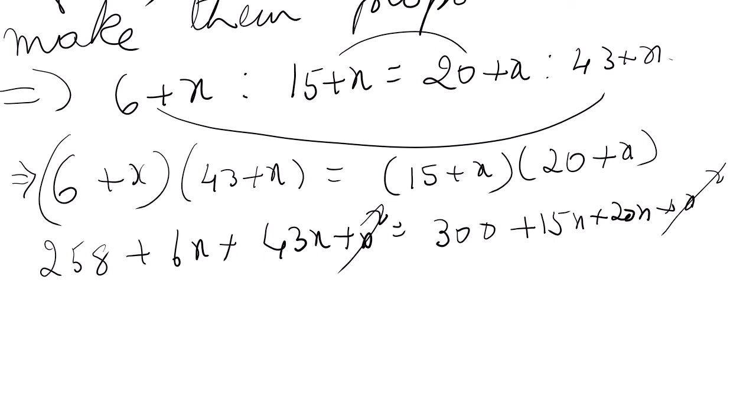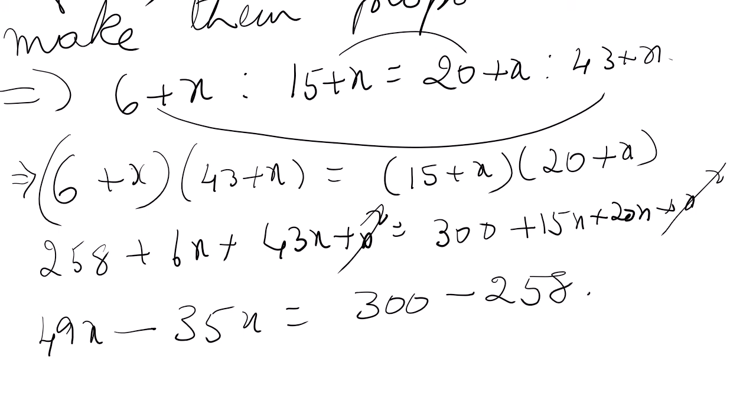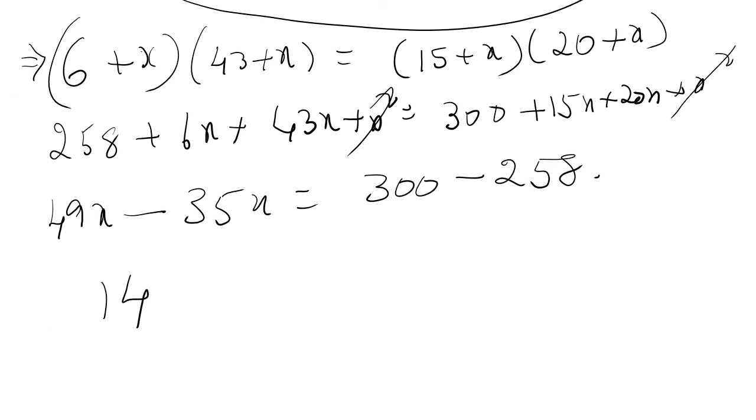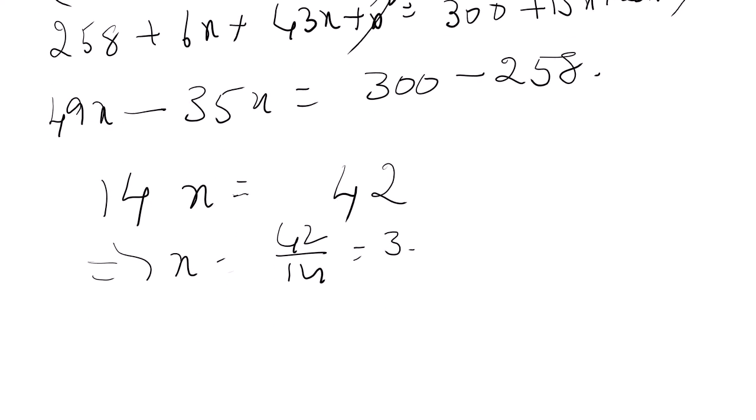So you are left with 43 plus 6 is 49x minus 15x plus 20x is 35x is equal to 300 minus 258. So this is 14x is equal to 42. So x is equal to 3. So x is equal to 3 is the answer.